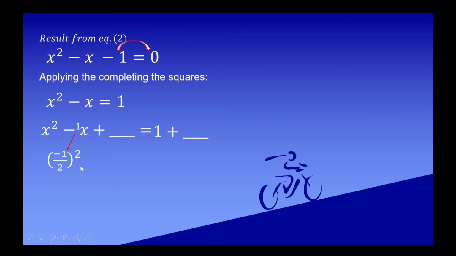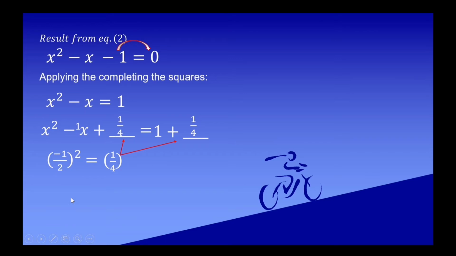Okay, yan ang middle term natin, negative 1, then divide by 2, then square. Then simplify, negative 1 squared and 2 squared. So negative 1 times negative 1 is 1, then 2 times 2 is 4. 1/4. And add to both sides of the equation the result after squaring. So that is 1/4. Lagay natin sa third term and another 1/4 on the other side.